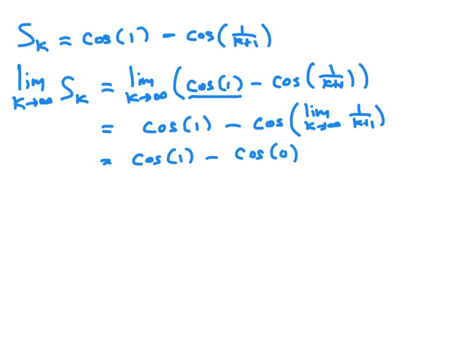And of course, cosine of 0 is equal to 1. So we end up with a partial sum with a limit of cosine of 1 minus 1.